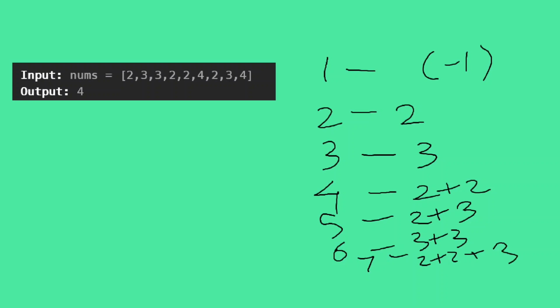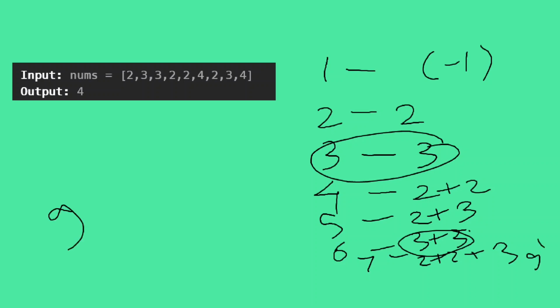So you can see a pattern here, right? Basically, almost all these numbers are divisible by 3. As you can see here, this one is divisible by 3, this is divisible by 3, and if I have 9 here, that would be 3 plus 3 plus 3.